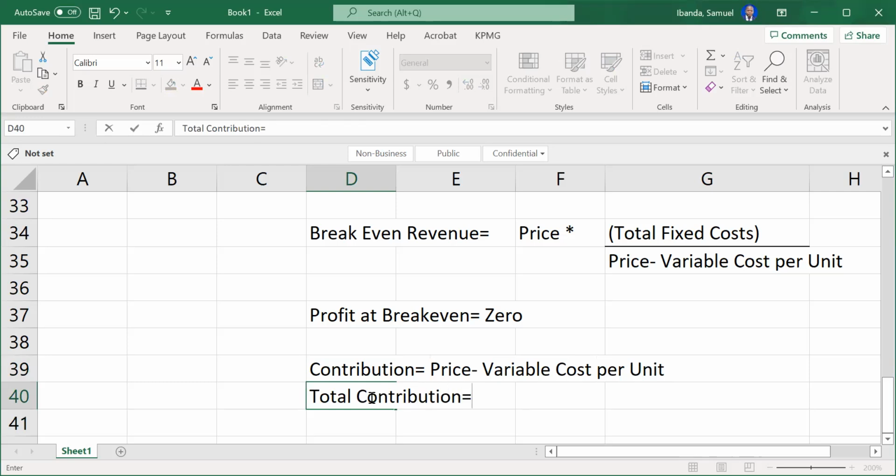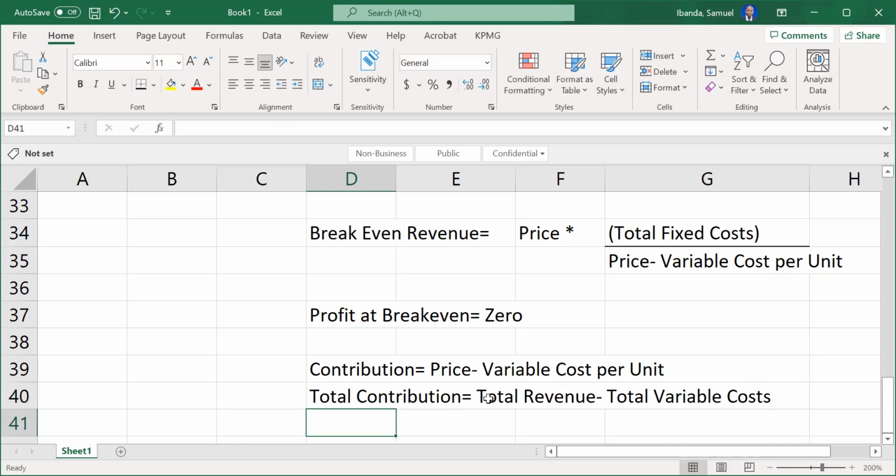then definitely you look at the total revenue minus total variable costs.